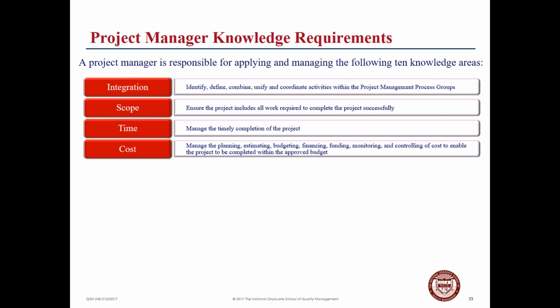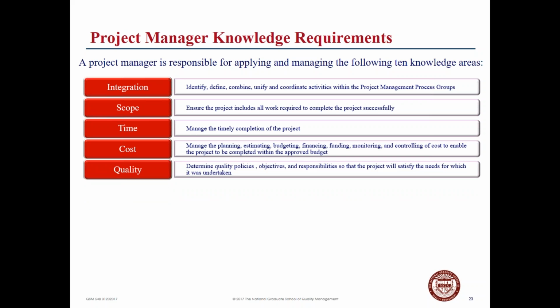And how are we managing costs with the various activities, looking at the estimating, budget, financing, funding, and controlling costs so that we can enable the project to finish on time and within budget? What are the quality processes that we will identify that will help satisfy the needs for which the project was initially undertaken?